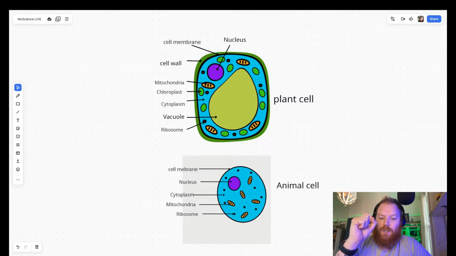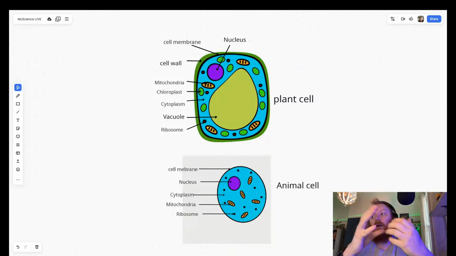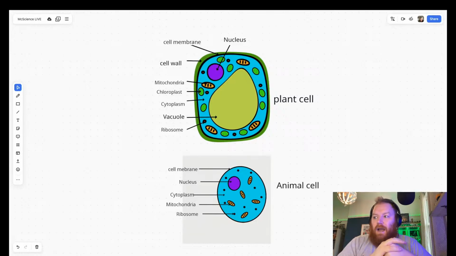They need that little bit extra strength, which is made of peptidoglycan, not cellulose. And again, they don't have a nucleus. Their DNA literally just floats around in the cytoplasm. So, where our plant and animal cells both have the nucleus with our DNA wrapped up in the chromosome, stored in the nucleus, bacteria doesn't have that.